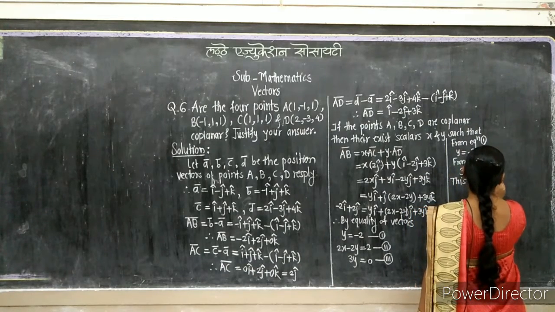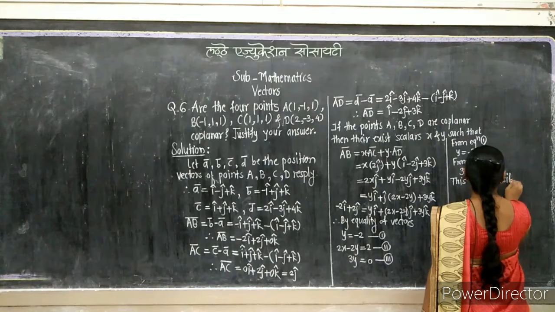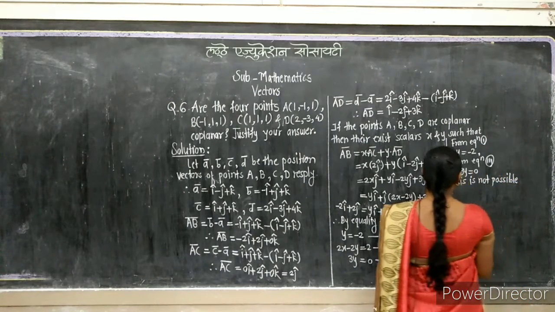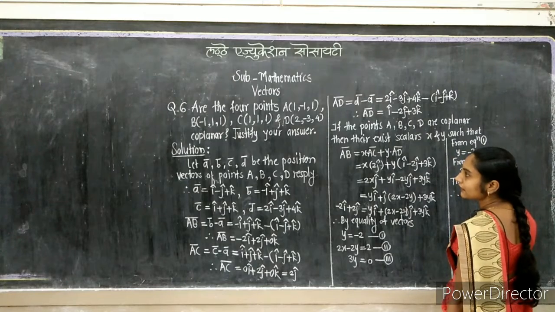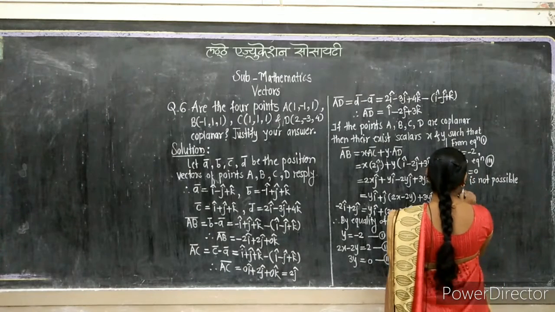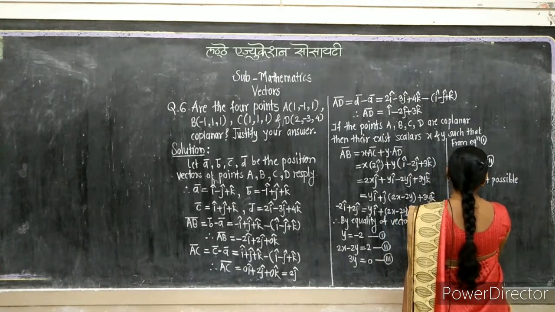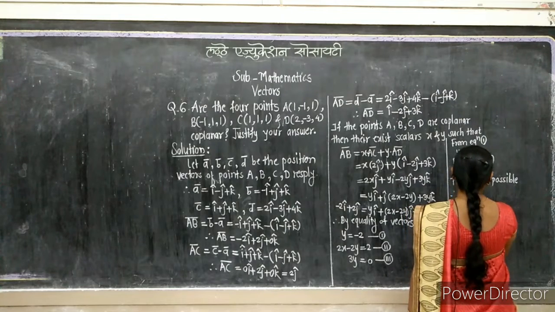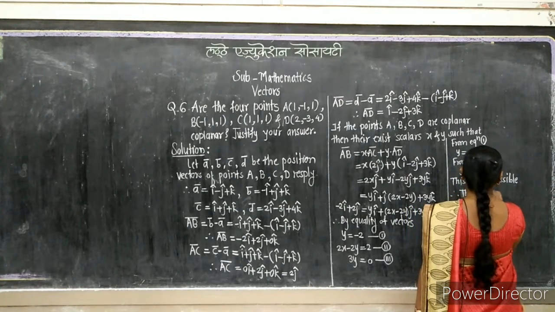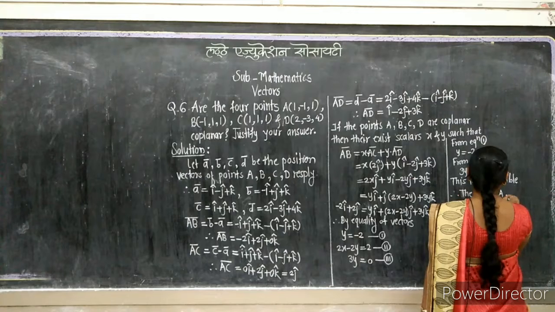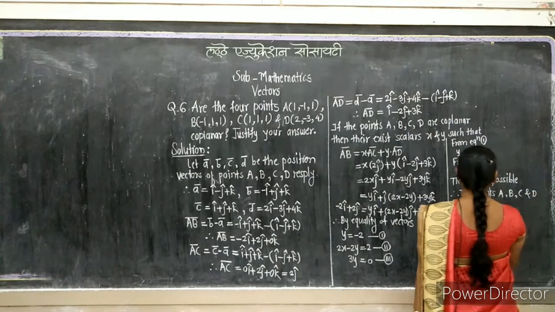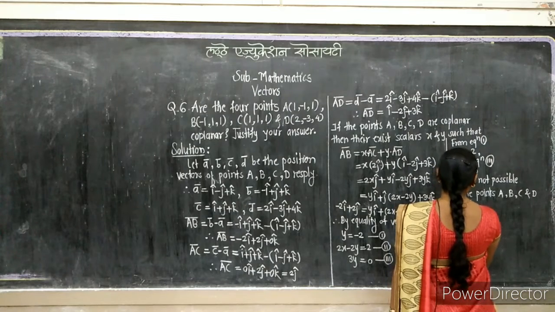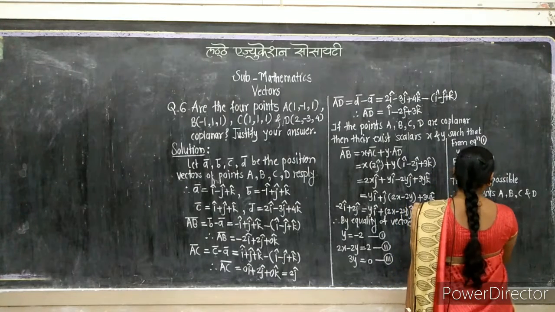Therefore, the points A, B, C, D are not coplanar.